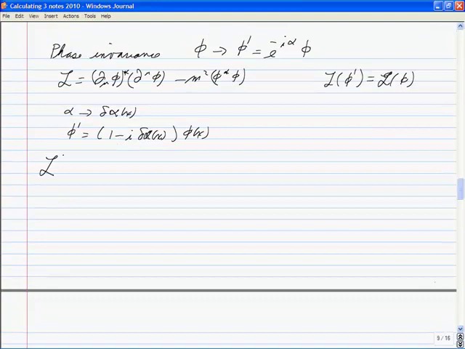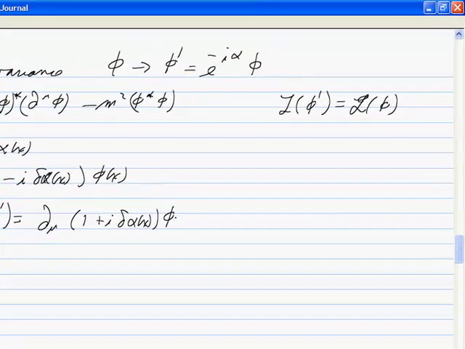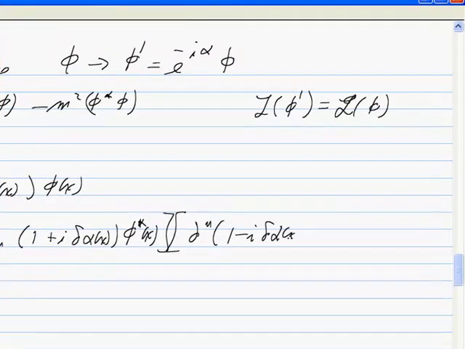So L prime, which is a function of phi prime, ∂_μ phi prime, is the derivative of (1 + i δα(x)) phi*(x), ∂_μ of (1 − i δα(x)) phi(x), minus m² phi* phi.